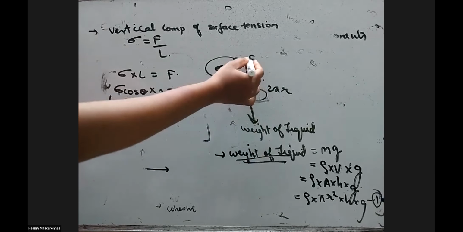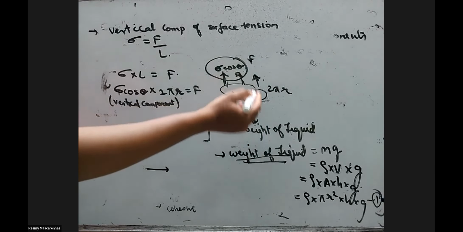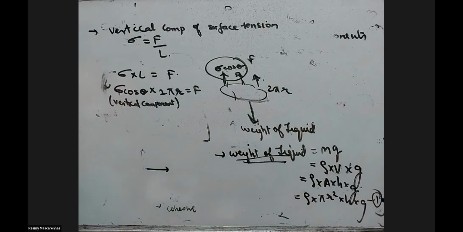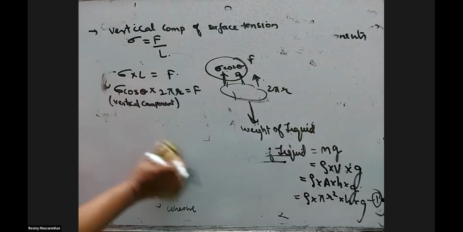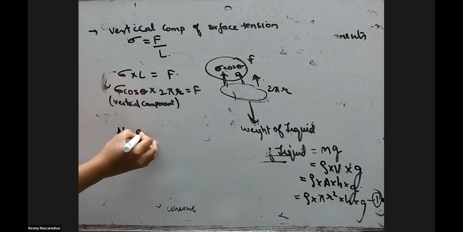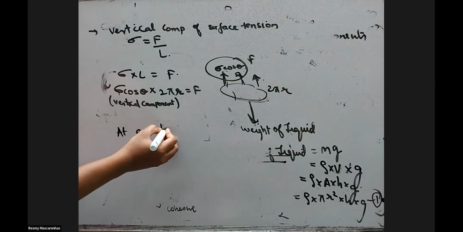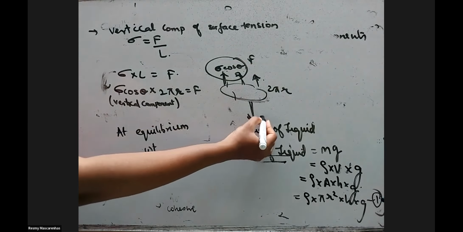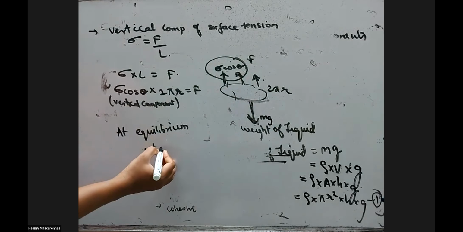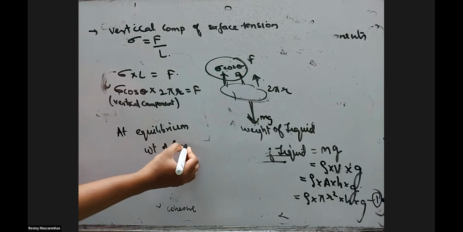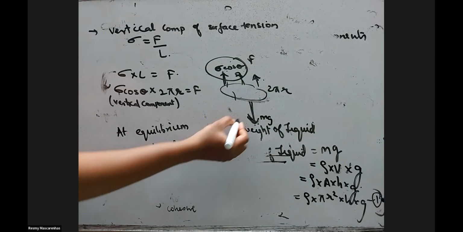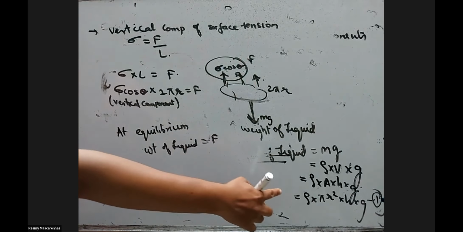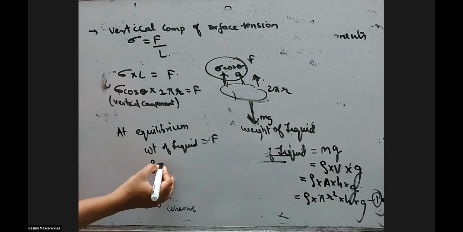At equilibrium, both these equal and opposite forces should be equal, no? At equilibrium, weight, mg, is always equal to the opposite force.